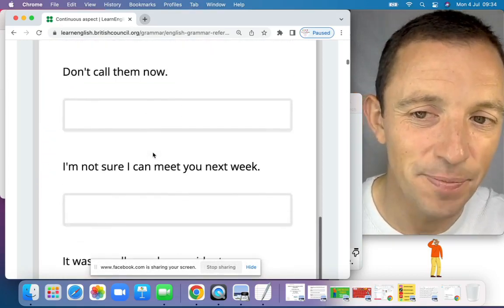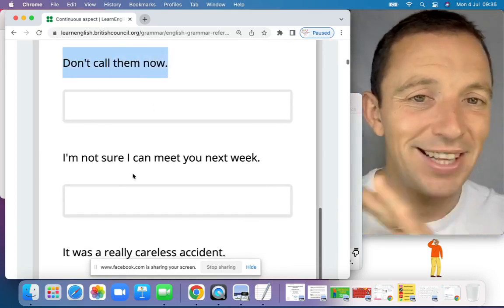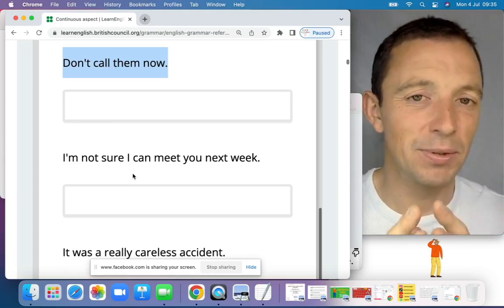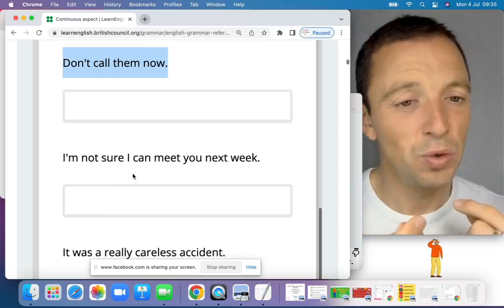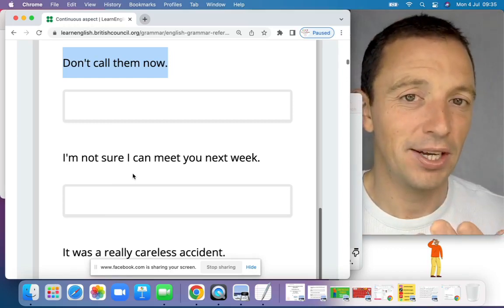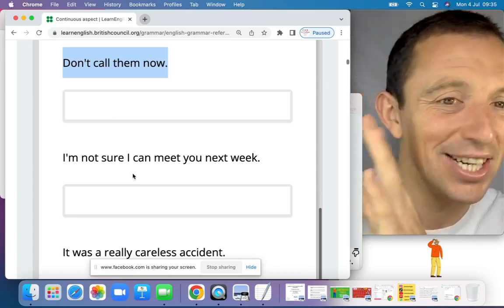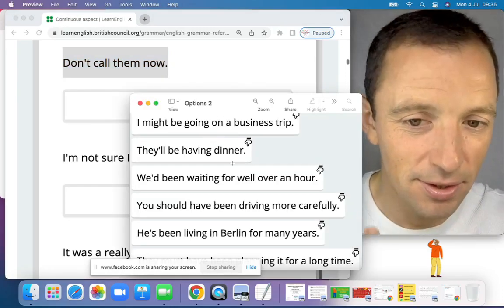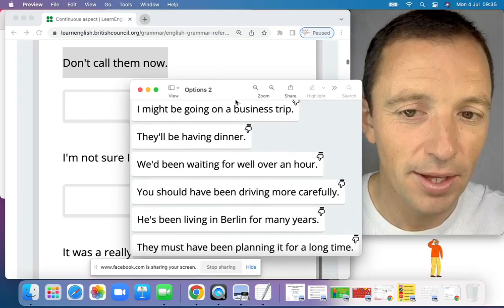Next question: don't call them. Here, there is no subject. In English, it's possible to create a sentence with no subject, usually only in the imperative. And the imperative is an order or an instruction, and this is an order, an instruction. So, don't call them. What do you think? This is difficult.